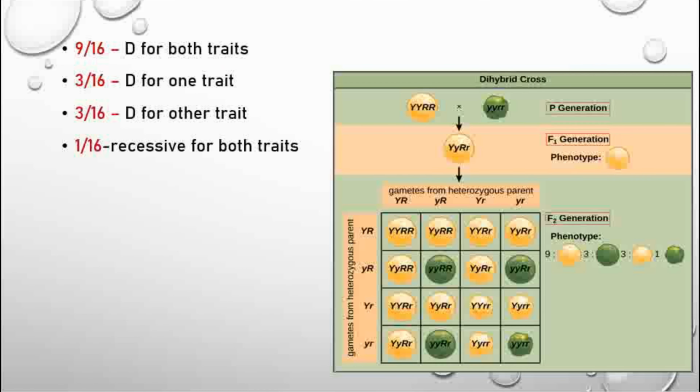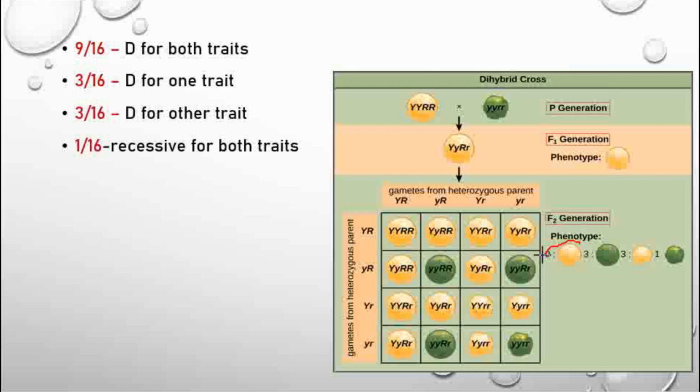So if you see here, what is the phenotypic ratio in this case? There are 9 round yellow seeds.